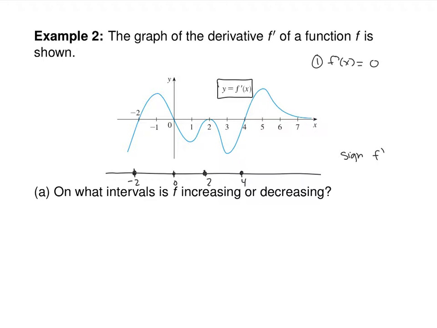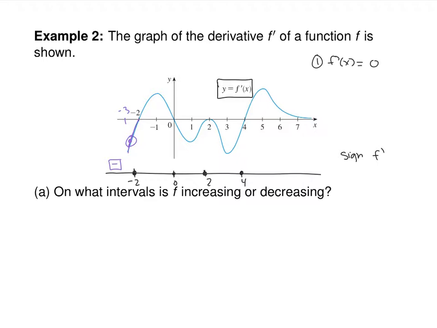Okay, now if I picked a number on this interval and plugged it into my derivative, would the answer be a negative or positive number? You take a number, you plug it into f prime. If I found f prime of -3, it'd be down there. So what is the sign of f prime of -3? Negative, because it's below the x-axis.